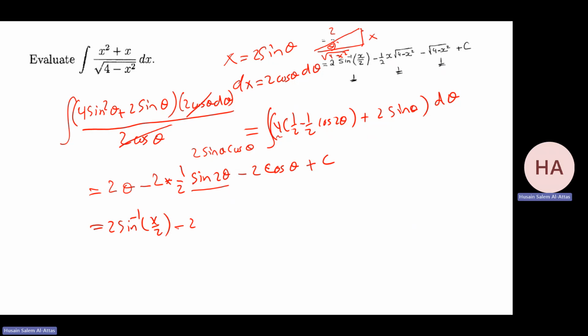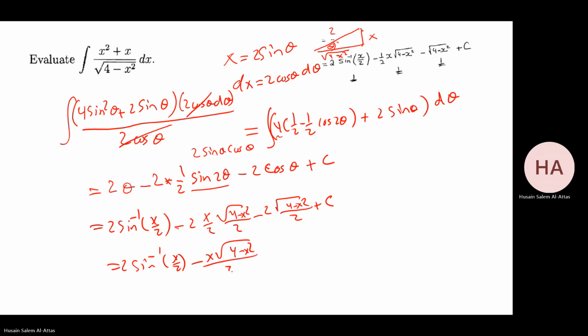What is sine theta? Sine theta is x over 2, and cosine theta is square root of 4 minus x squared over 2, plus c. So that will give me the answer. This is minus x over 2, this will cancel with the 2, over 2 remaining. Minus the square root of 4 minus x squared plus c, which is this.